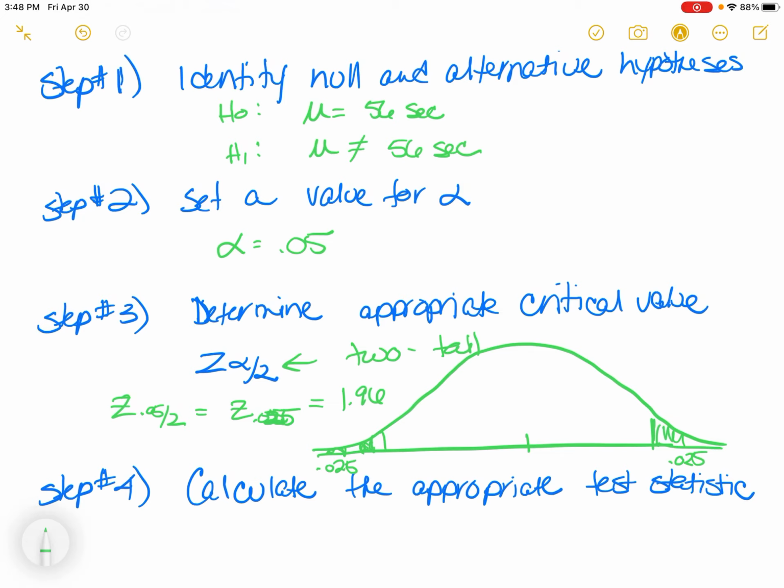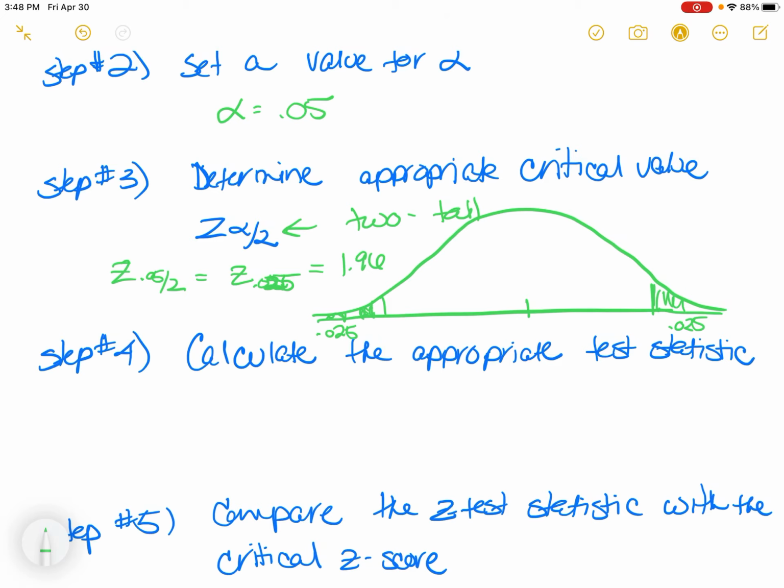So calculating the appropriate test statistic. In order to do that, we know that z is going to be equal to x bar minus mu of H naught divided by the standard deviation divided by the square root of n, right?